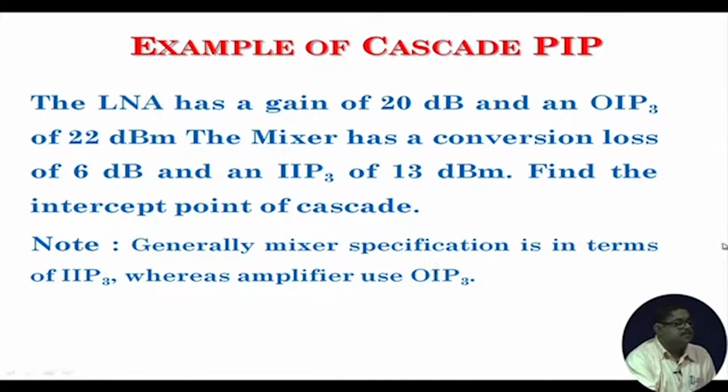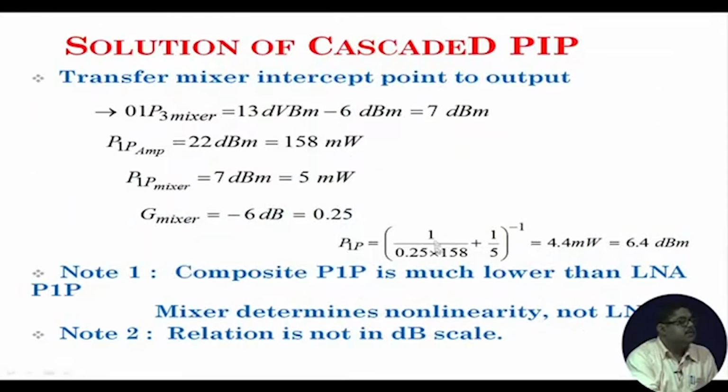Generally, in industry, mixer specification is in terms of IIP3. Amplifiers generally use output intercept point, while mixers use input intercept point. Now, to transfer the mixer intercept point to the output, we have just seen that relation, which can give you the OIP3 of the mixer like this.